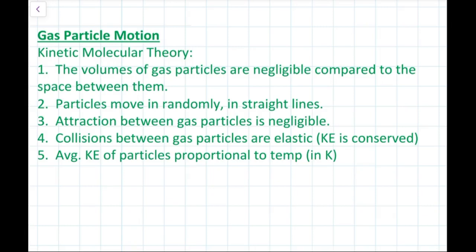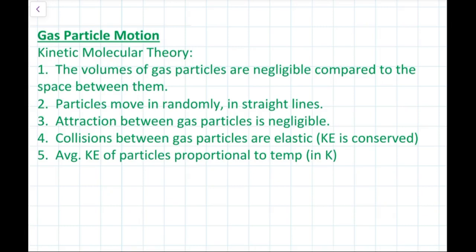The particles move randomly in straight lines. We kind of saw that with the little simulation there. And then the attraction between gas particles is negligible. We talked about van der Waals forces last semester. Gases have van der Waals forces. They attract each other. But the reason that they're gases at whatever temperature they're at is because they have so much kinetic energy that it overcomes those van der Waals forces.